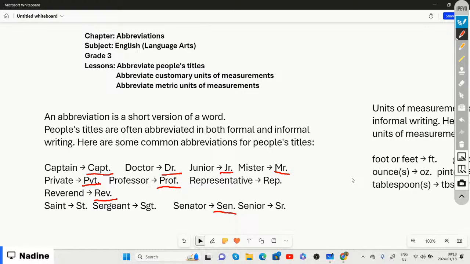Even when you measure a specific pool, they'll tell you it is so many foot or so many feet deep.